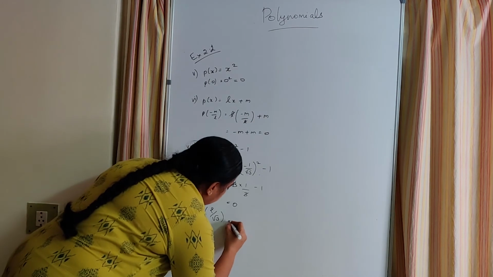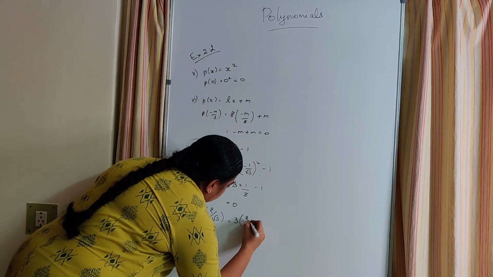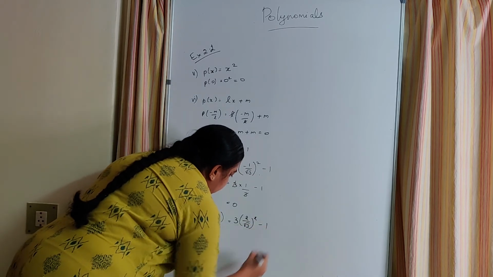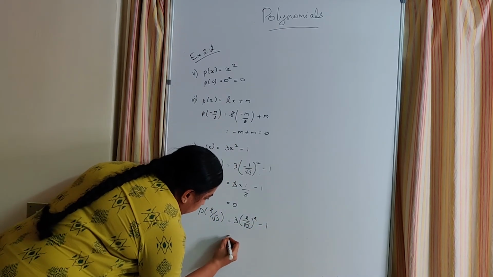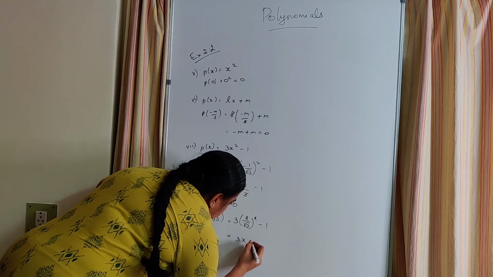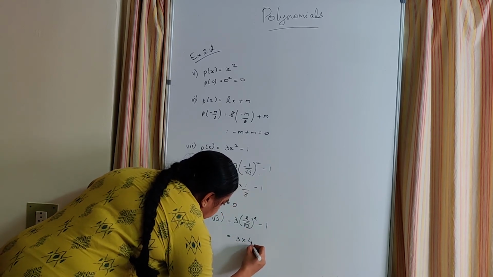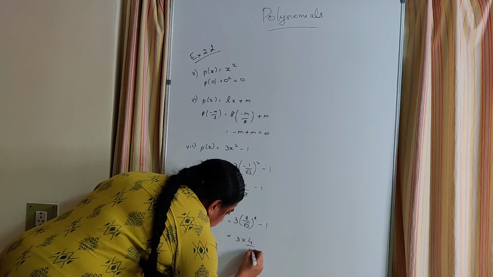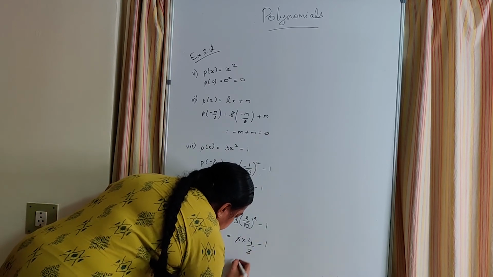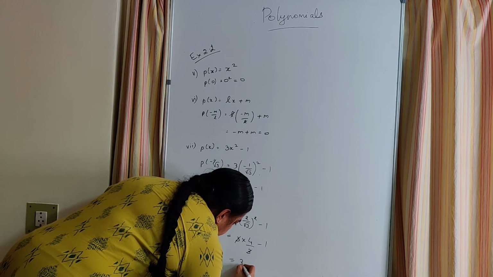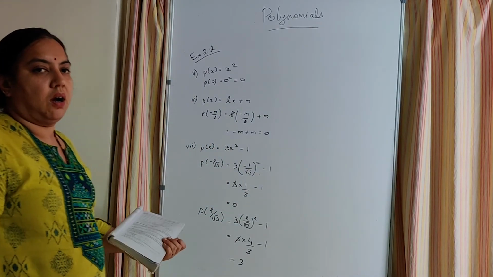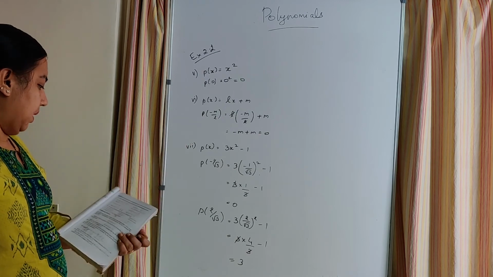Again when I substitute it, 3 into 2 by square root of 3 whole square minus 1. So 3 into 2 2s are 4 here and square root of 3 becomes, when I square it, 3 here. 3 and 3 get cancelled but it is 4 minus 1, 3. And so this number 2 by square root of 3 is not the 0 of this polynomial.